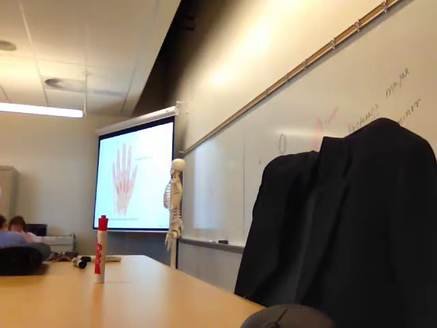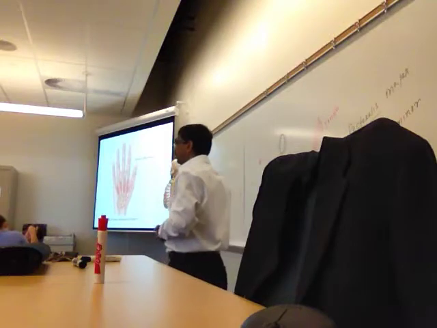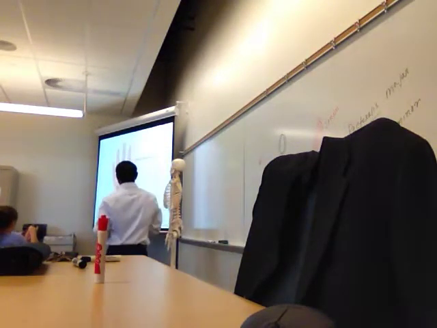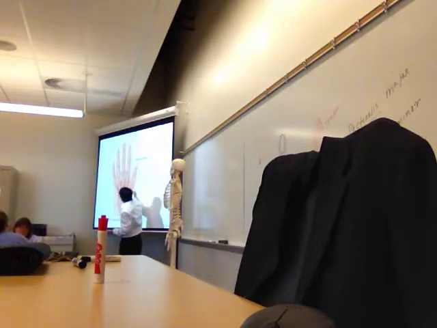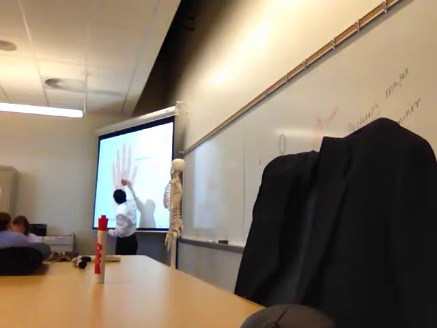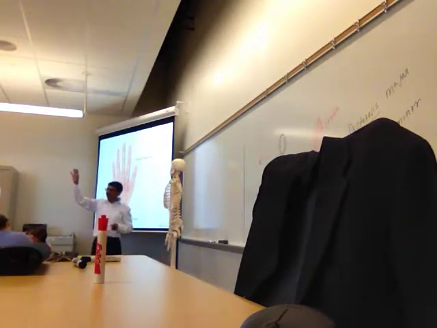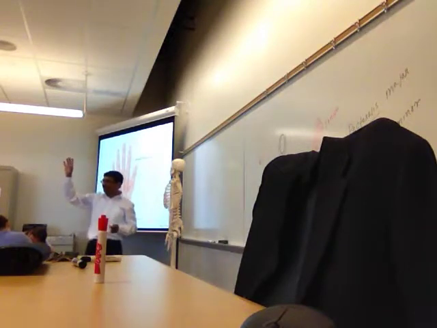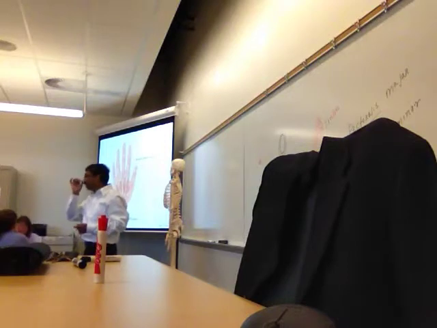And they do what? They help in fine movement of your fingers. You see here, those muscles are starting from the metacarpal bones, and the tendons are getting attached to the phalanges, that means finger bones, and they help in the fine movement of your finger.